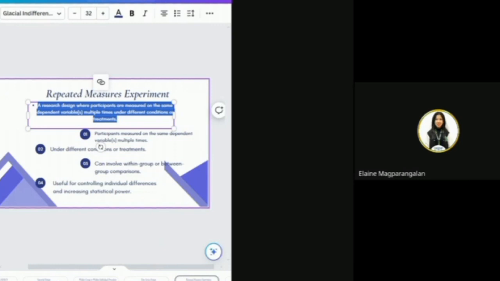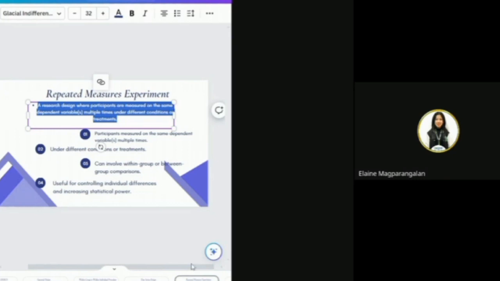Repeated measures designs are useful for controlling individual differences and increase statistical power by reducing the variability among participants. Within group comparison and repeated measures experiments are commonly used for this.